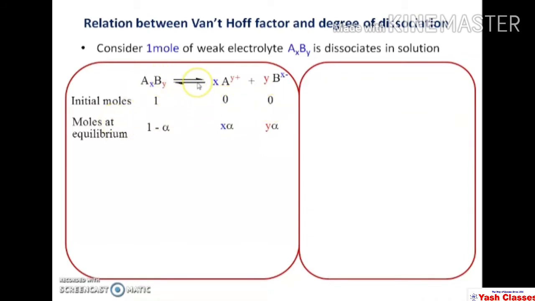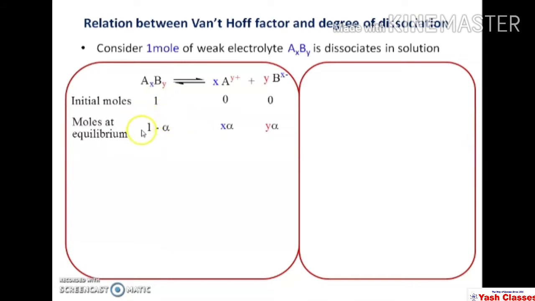Now after some time equilibrium will be maintained between ions and the undissociated weak electrolyte, and at equilibrium suppose x alpha moles of cations are formed and y alpha moles of anions are formed, and therefore the number of moles of weak electrolyte remaining undissociated at equilibrium will be 1 minus alpha, because initial number of moles is 1, and out of that alpha moles are dissociated.